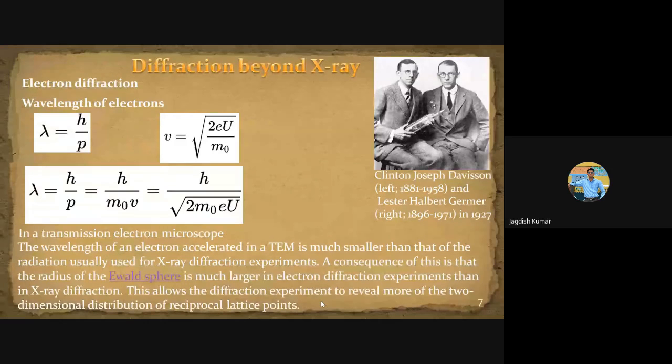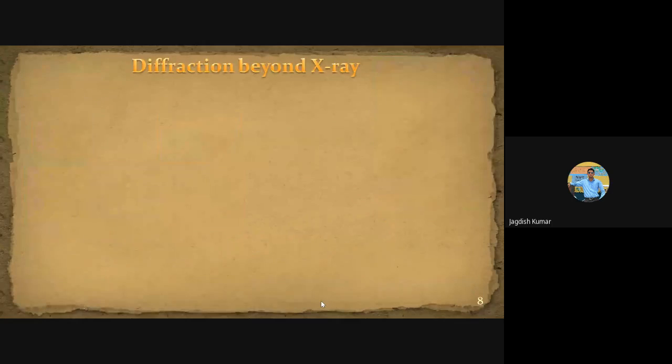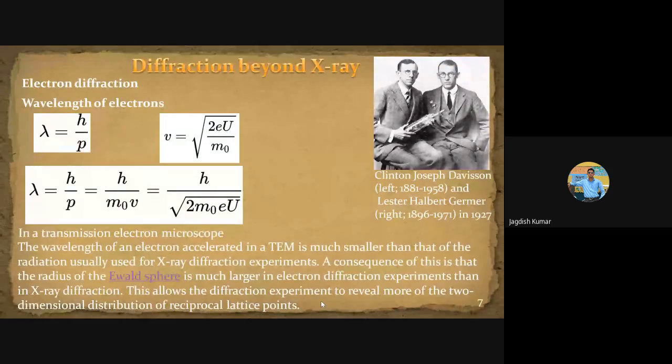So if you have to map a three-dimensional crystal structure, you can imagine it to be made up of small slices of 2D planes, and that is how you can get far better information of the crystal structure by employing electron diffraction patterns.